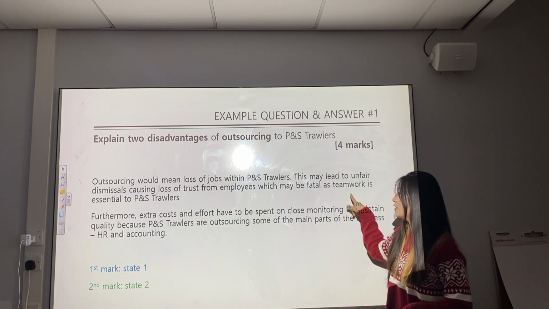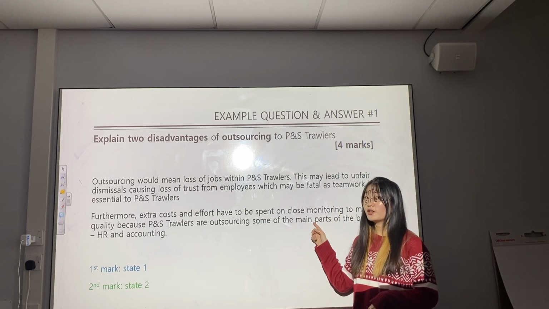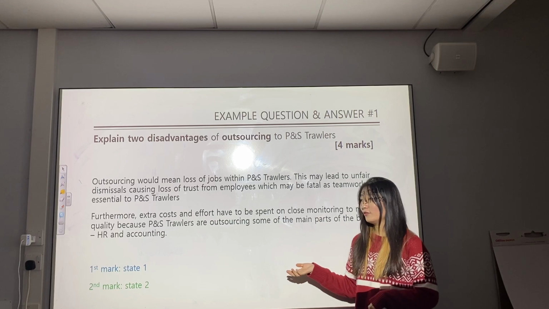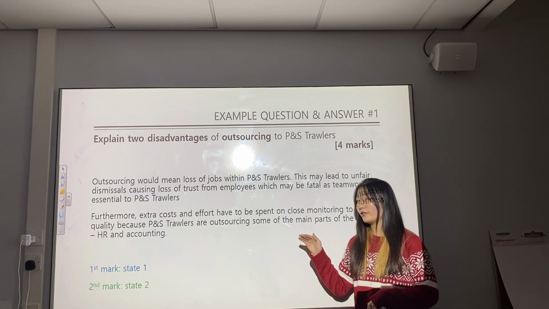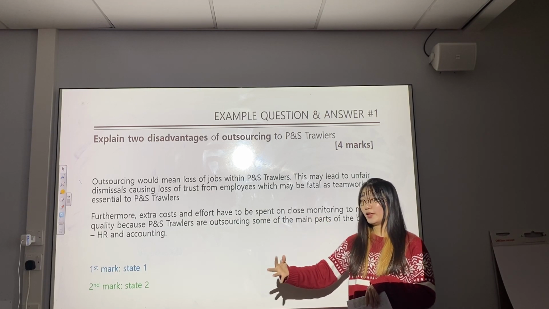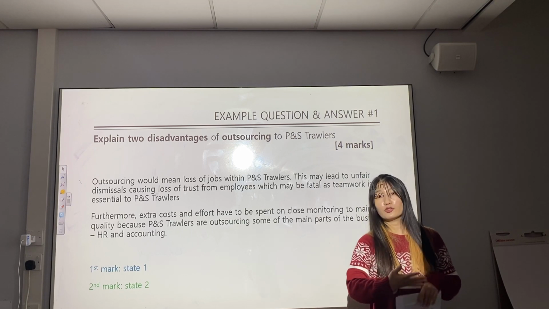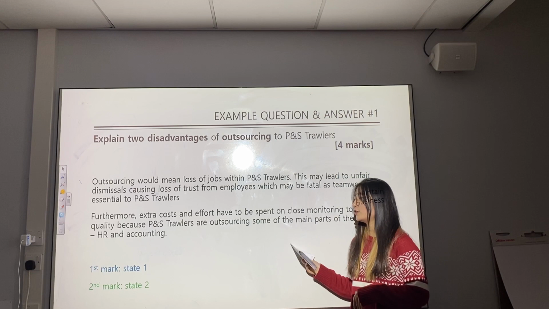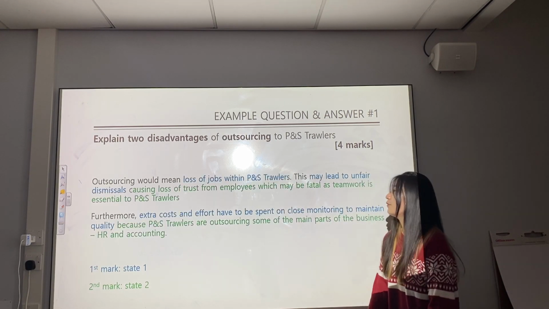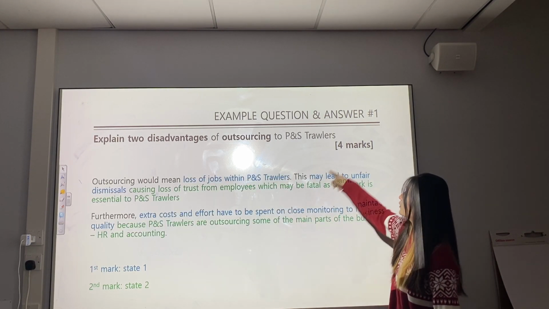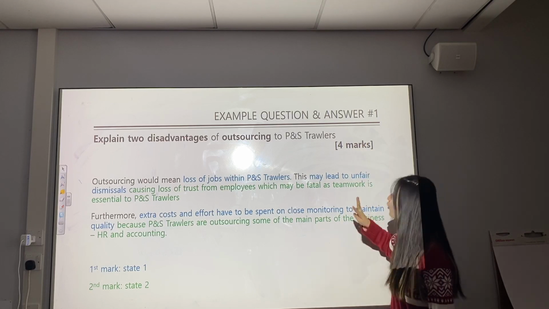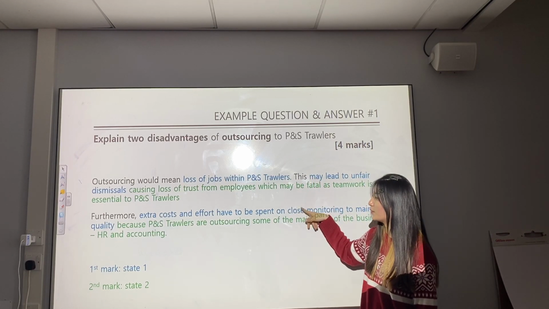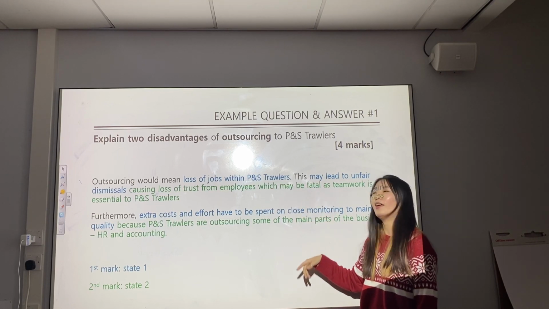So these two explanations after your statement really show that you've understood the business case study. Also, this is required, the application to the case study, making sure that you let the examiners know that you fully understood the situation of the case study is where you get your second mark. So in blue is your first mark and green is your second mark, and because it's 4 marks in total, you would need 2 points and 2 applications.